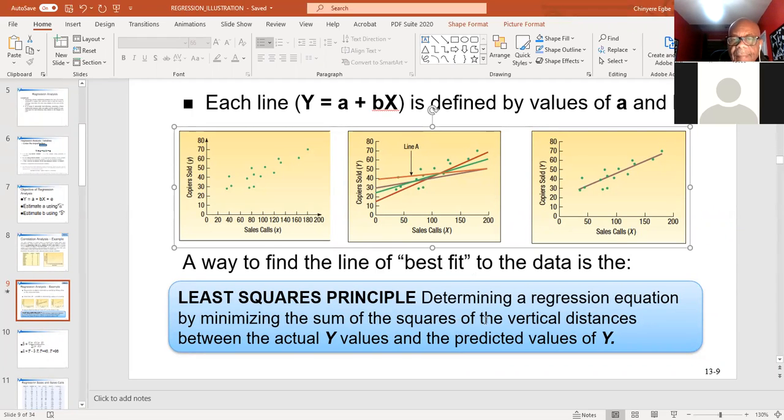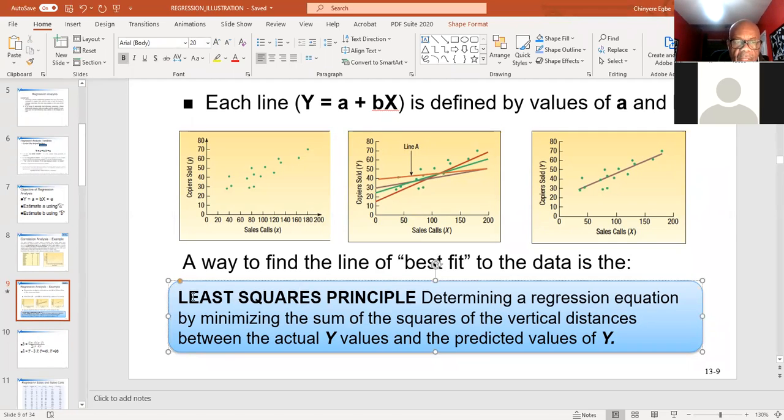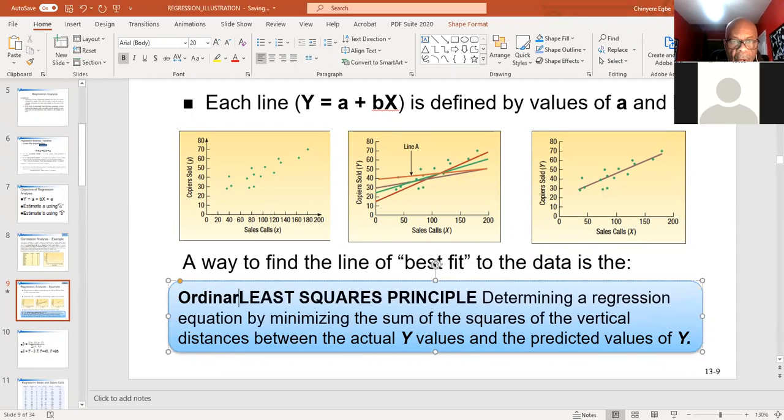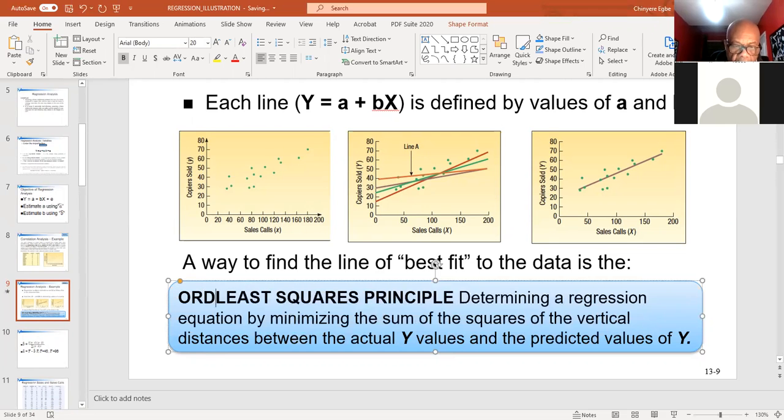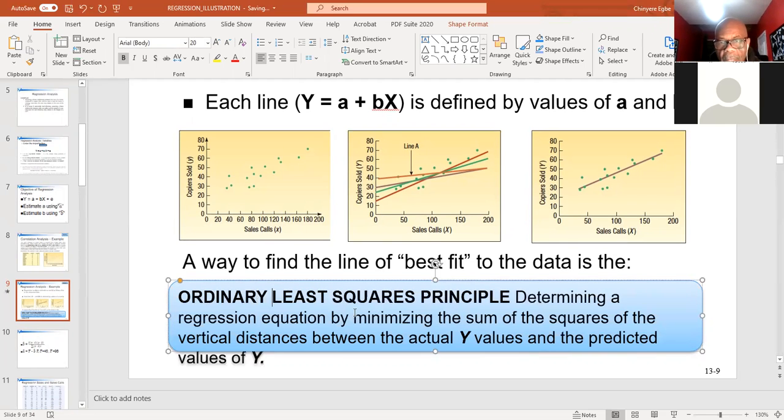The mathematical method that we use is called the least squares principle, or the least squares method. And the full name is ordinary least squares, OLS.